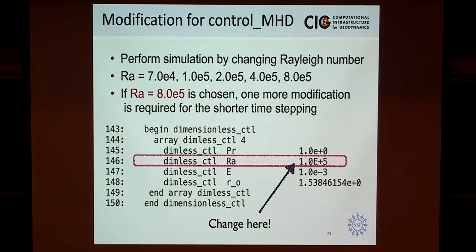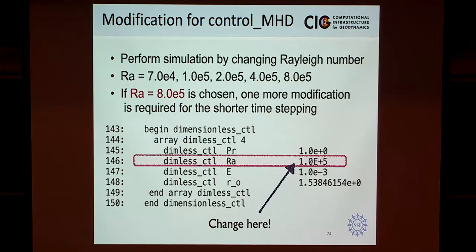Has anyone chosen 200,000? Good. Anyone chosen 400,000? Good. And 1,000,000, great. And can you set 8,000,000? Oh, great.